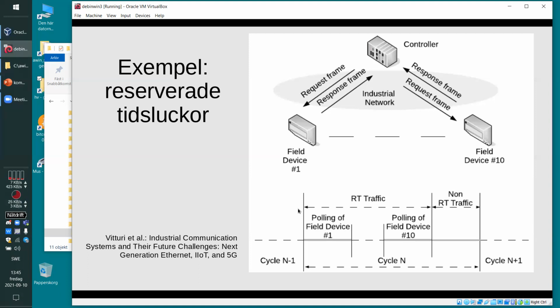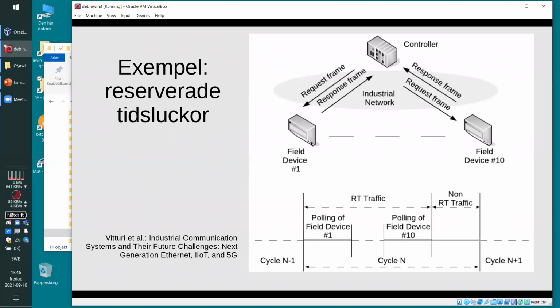And when you use time slots, you could, for example, assign one slot to one device here. And then you have a controller that knows that in this slot, it will talk to this device. And in the next slot, it will talk to the next device, and so on. Then at regular intervals, you get a guaranteed time slot here that this device can communicate.